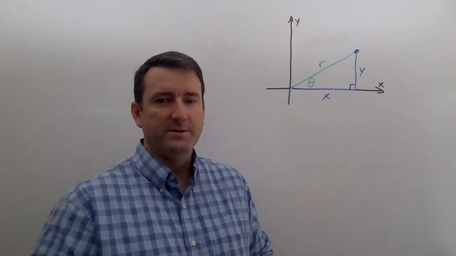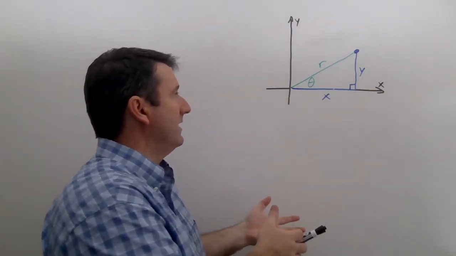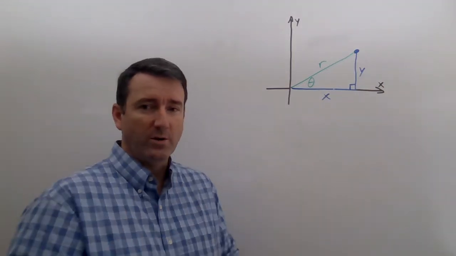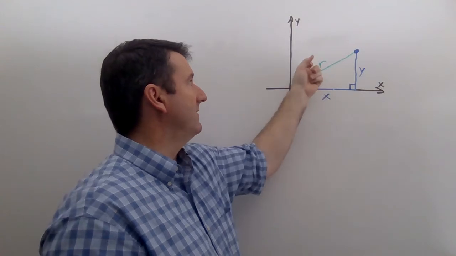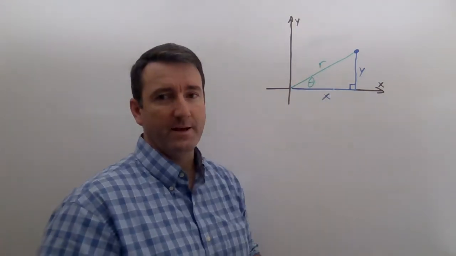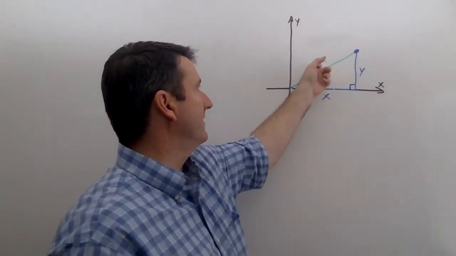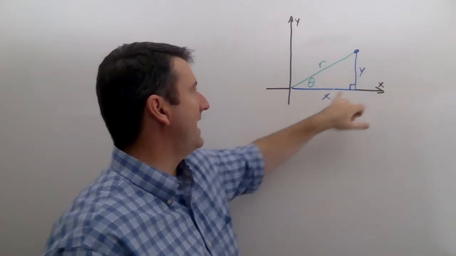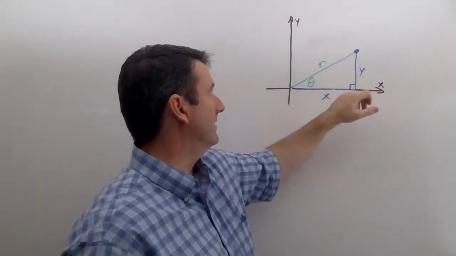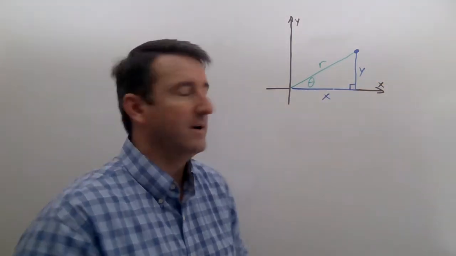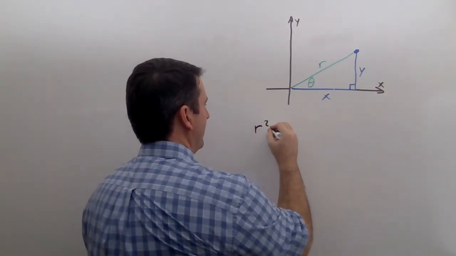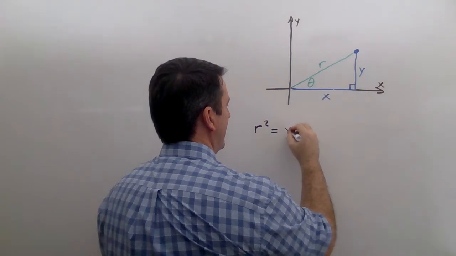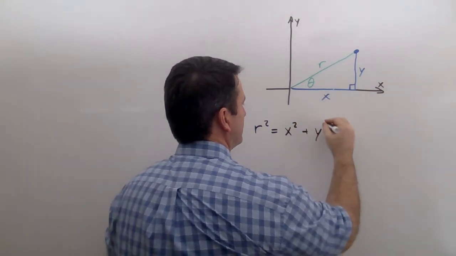between the two. So now we're converting from rectangular coordinates to polar coordinates, meaning that we know x and y, and we're trying to find r and theta. So first of all, let's try to figure out r. Well, if we know x and y, and this is a right triangle, then to find r, we use the Pythagorean theorem. r squared is going to be equal to x squared plus y squared.